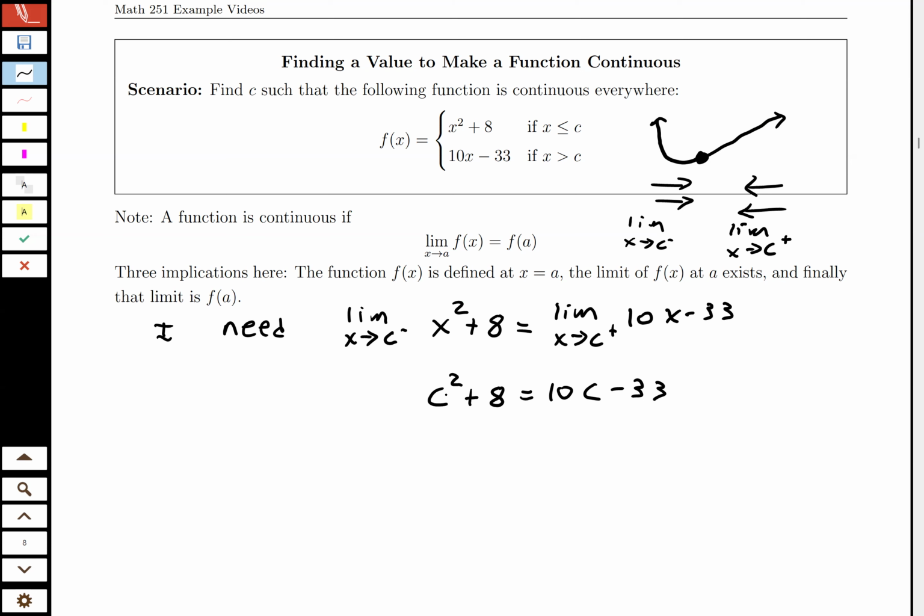So what I'm going to do is try to get everything onto one side, and then I'm either going to factor or use the quadratic formula. So I'm going to go ahead and subtract that 10c from both sides. And then in that next step, I want to get rid of that negative 33, so I'm going to add 33 over.